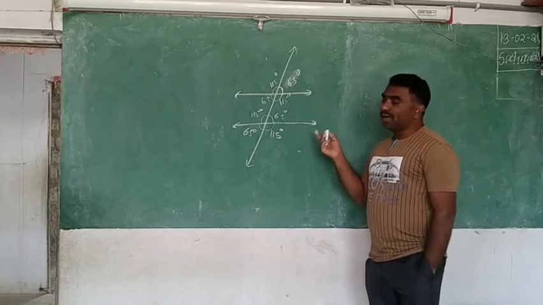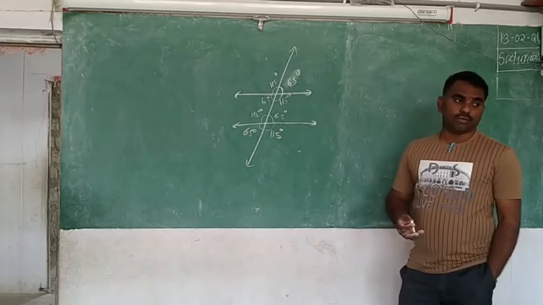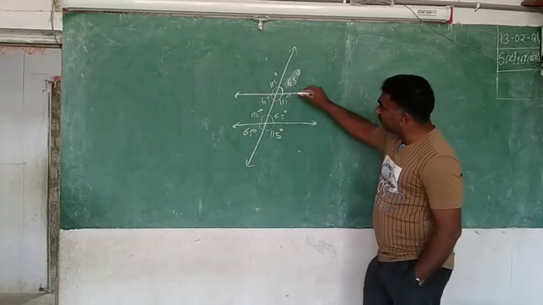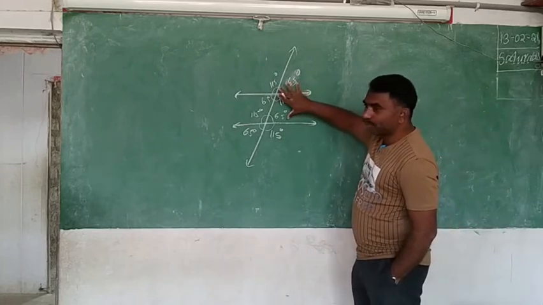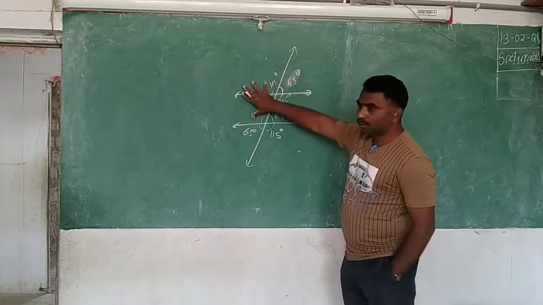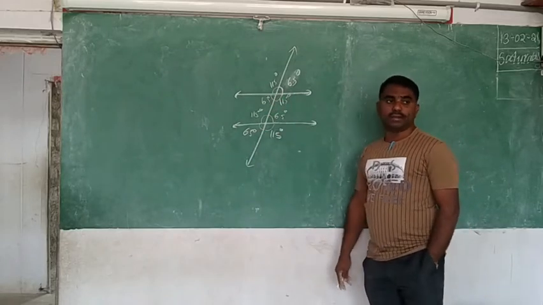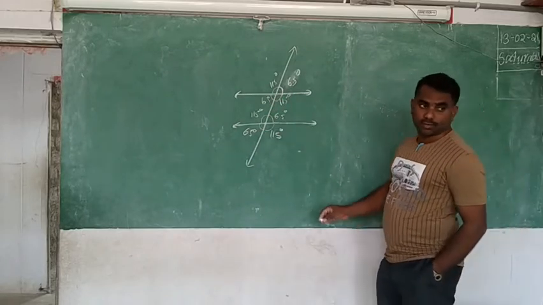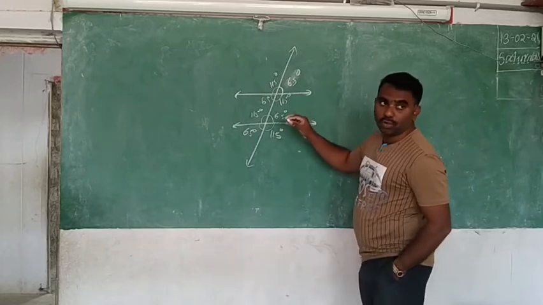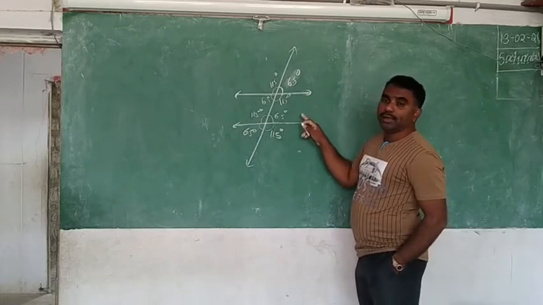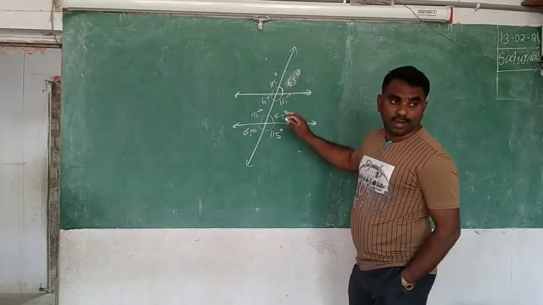So here what I am going to find, observe carefully. I am finding these angles are equal in the two sets. Corresponding. So do you know what they call these? Already we have discussed in different ways. Corresponding angles. So this is possible when these lines are parallel.